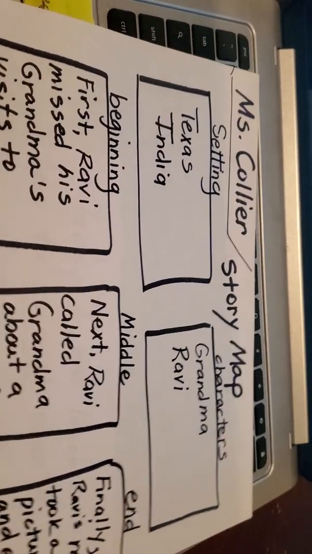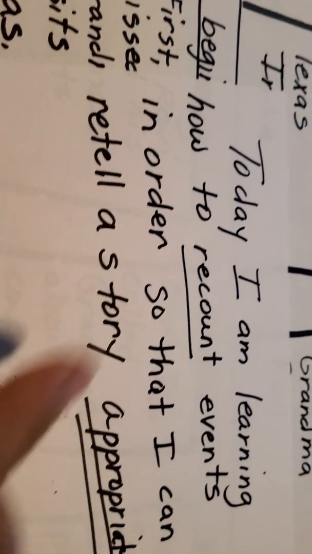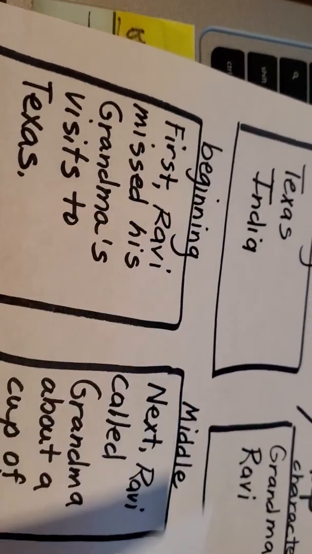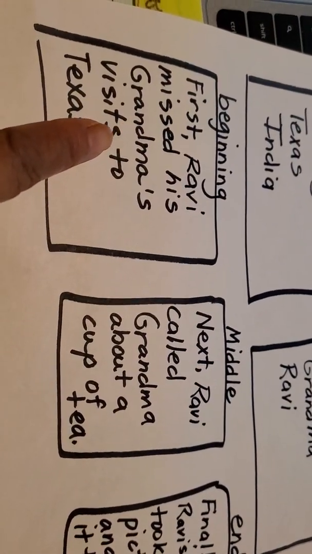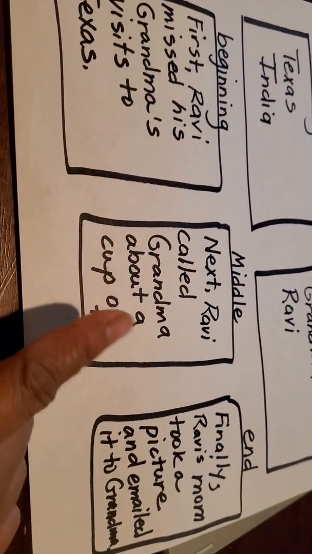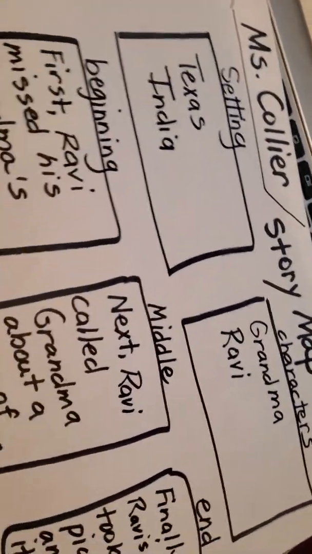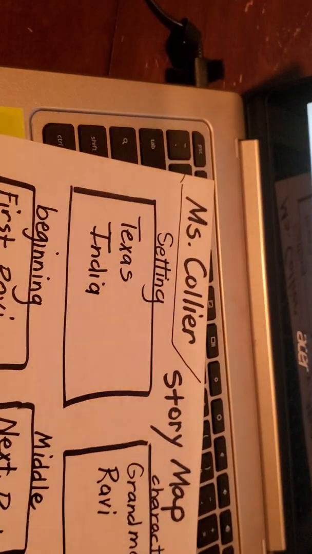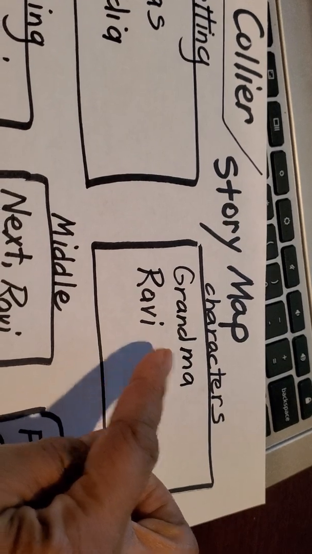So if we go back to the target, we have to recount the events in order. And that's where this part right here comes in. In order, you have your first part, the middle part, and then the end. That's called the beginning. So, briefly, we talked about Tea with Grandma. There were 2 main characters, Grandma and Ravi.